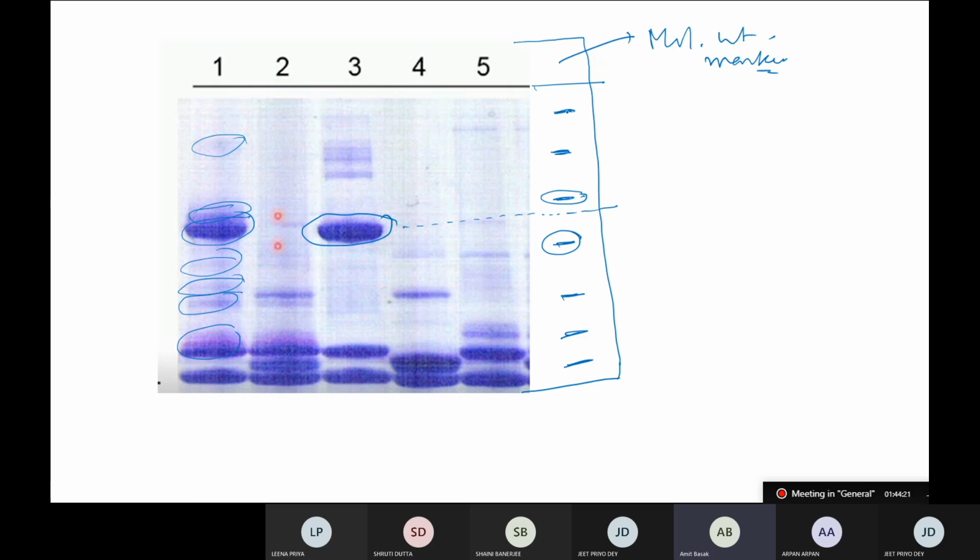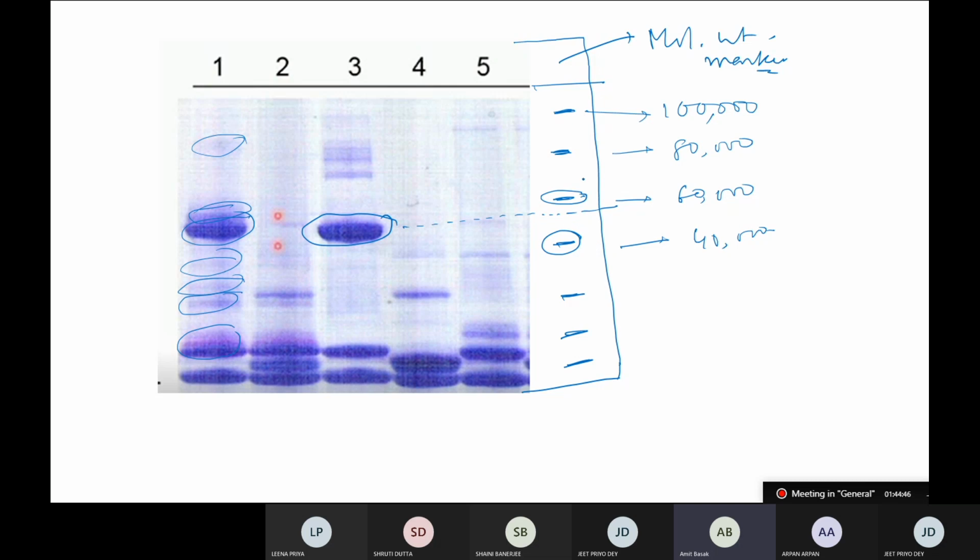Always the slower ones will have higher molecular weight. So suppose this is 100,000, this is 80,000, this is 60,000, this is 40,000. So you can now tell the molecular weight of your target protein.